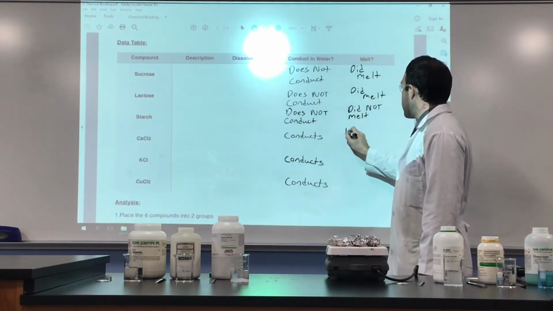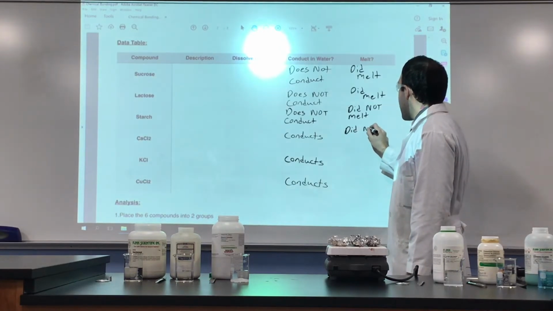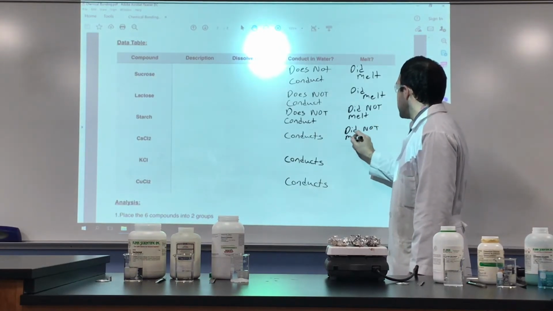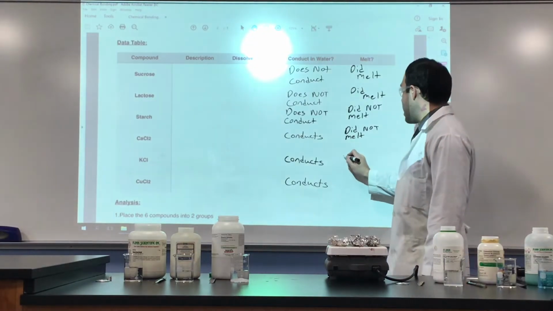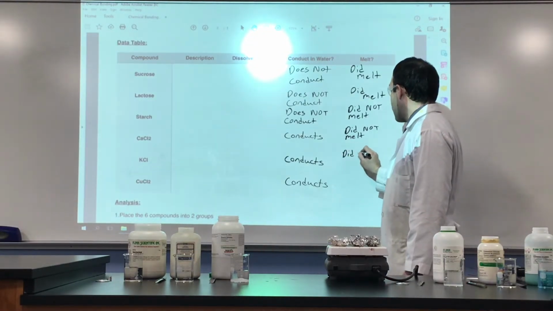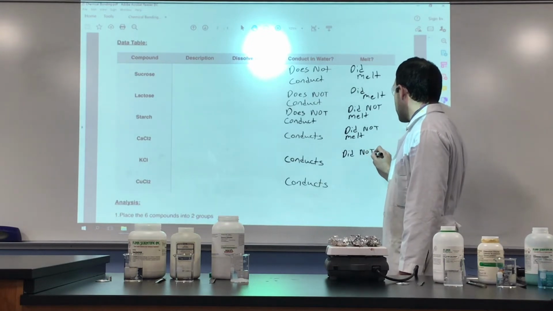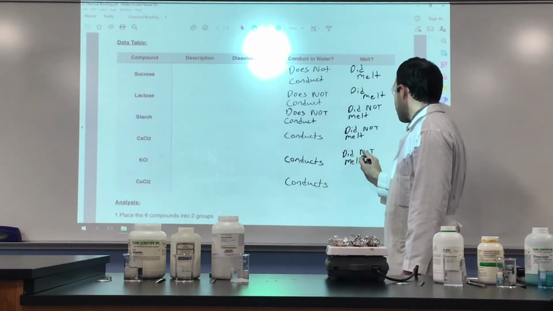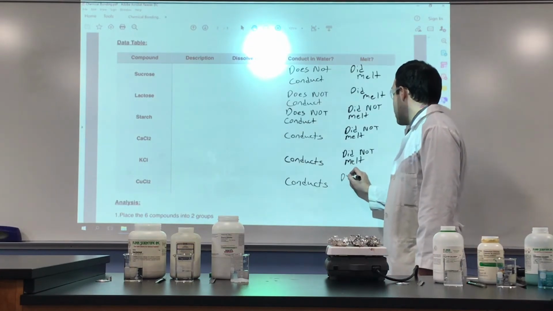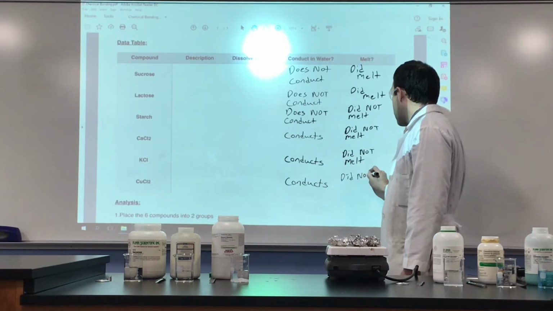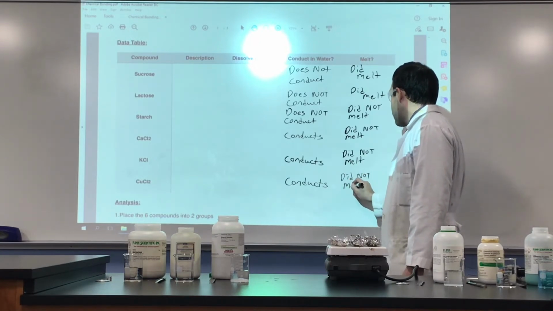Calcium chloride did not melt. Potassium chloride did not melt. And copper 2 chloride did not melt.